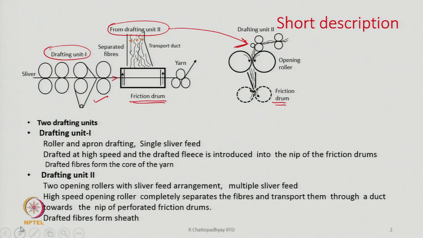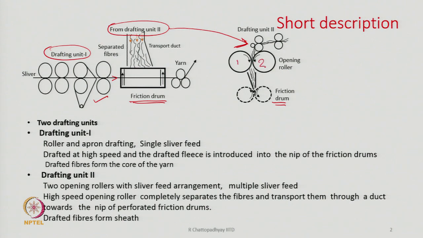It has a core-sheath type of structure. So, material fed through drafting unit 1 becomes core, and material fed through drafting unit 2 becomes the sheath.